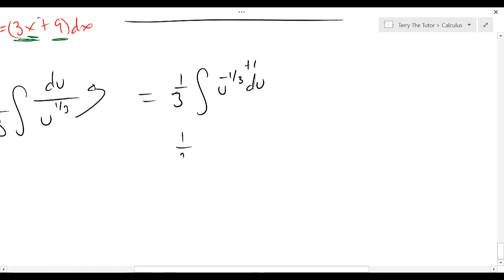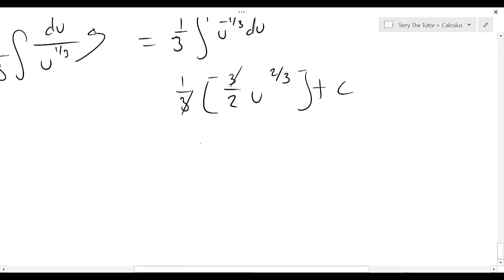So we've got 1/3, 3/2, u to the power of 2/3 plus c. Well, this 3 and this 3 cancel, and we wind up with 1/2 u to the 2/3 plus c.